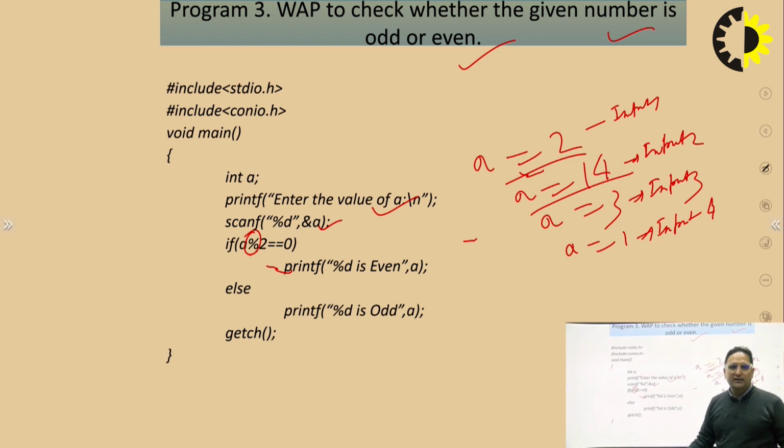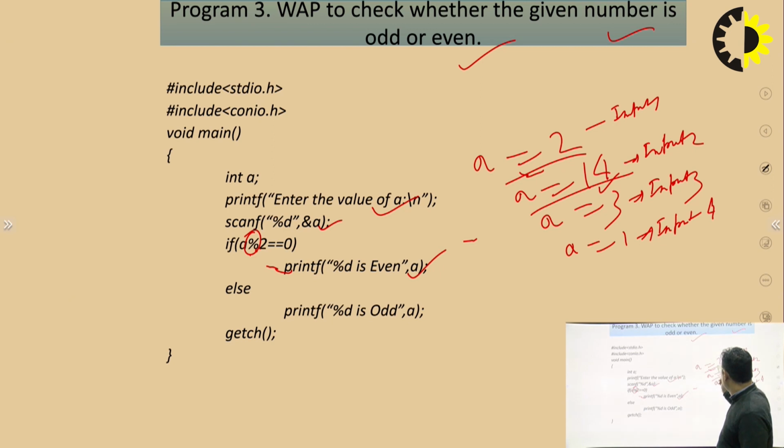This is a simple math concept, and we have applied it in programming. For the remainder, we have this modulus operator. So 2 modulus 2 is 0. Yes, of course. If we divide 2 by 2, we get remainder 0, so 2 is even. If we have the input 14, again the remainder will be 0 if we divide 14 by 2.